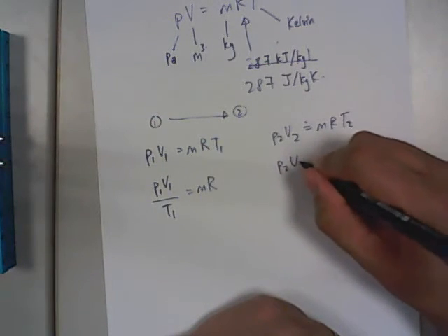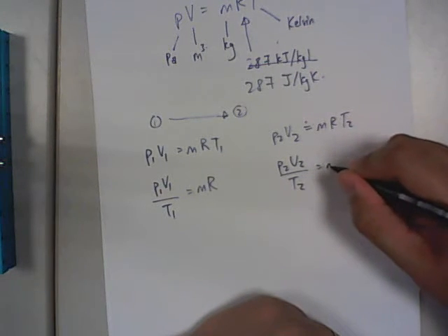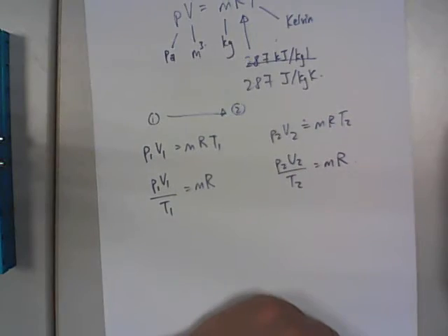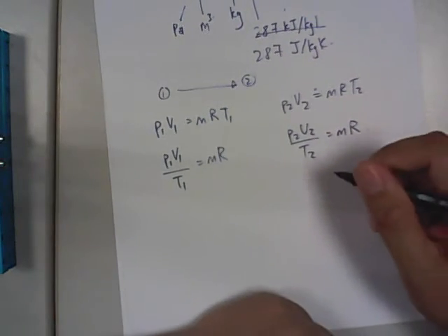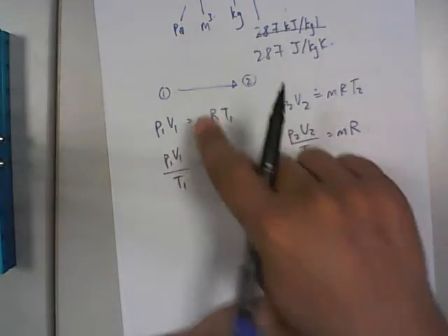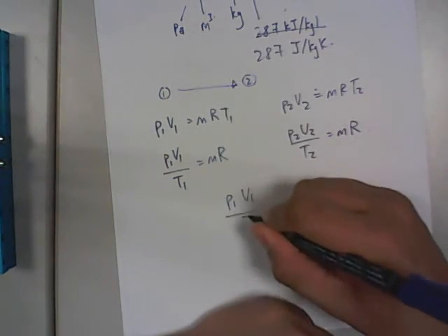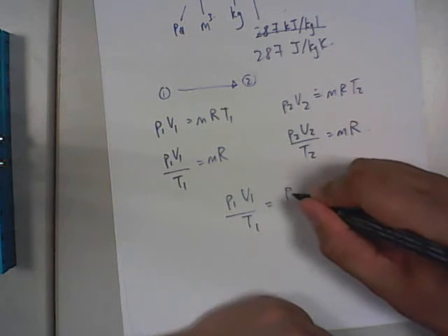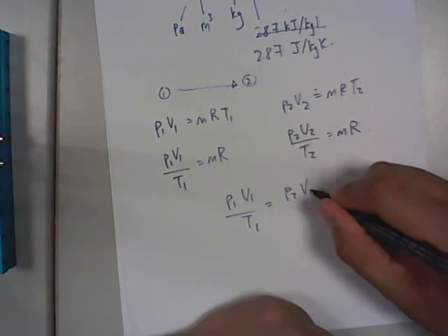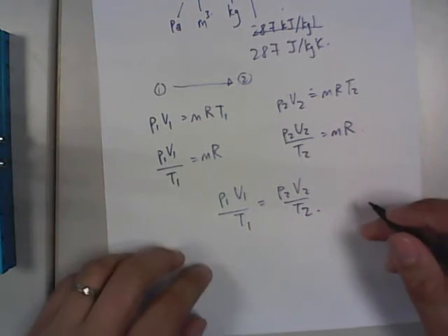You can also see that P2V2 over T2 is also equal to MR. So in that case, we can form an equation between state 1 and state 2. P1 V1 over T1 is equal to P2 V2 over T2.